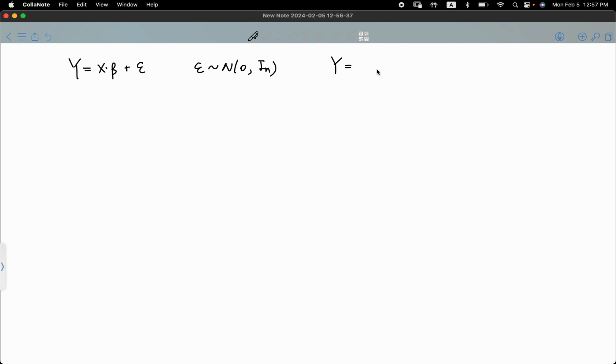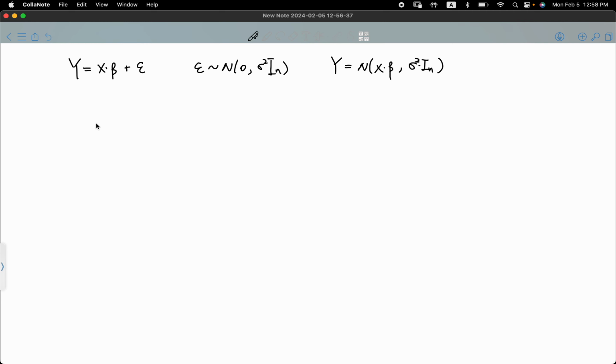And we also have that the distribution for y is x beta with epsilon identity. So same covariance, constant variance.